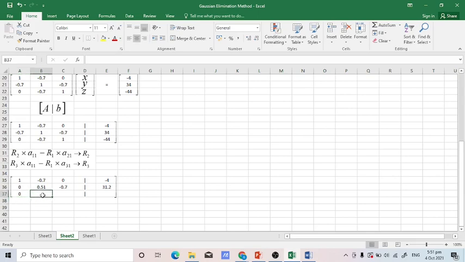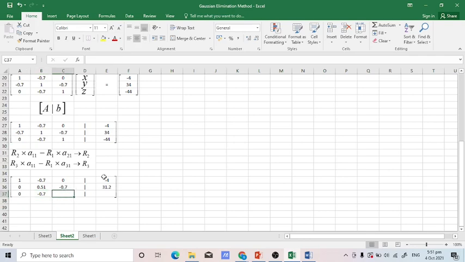And then, R3 second element, times A11, minus R1 second element, times A31. Ito yung A31, okay, enter.